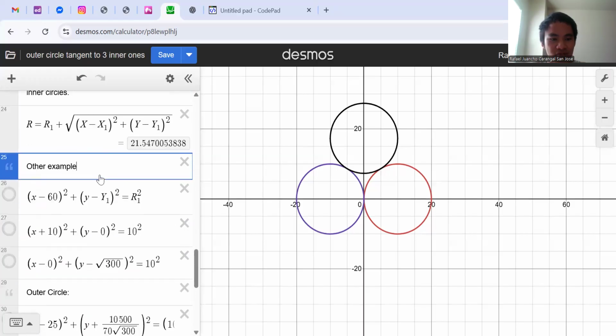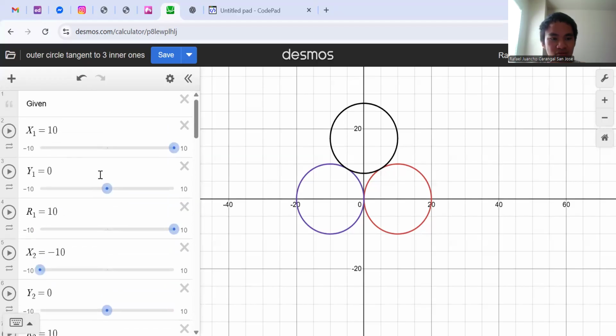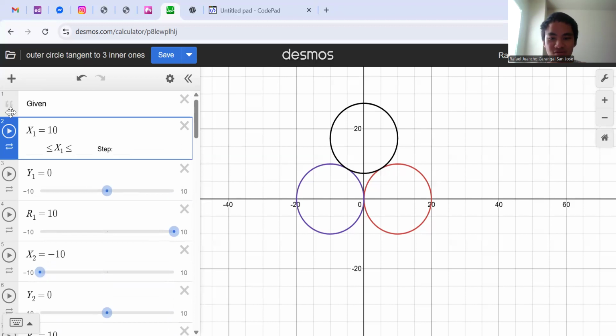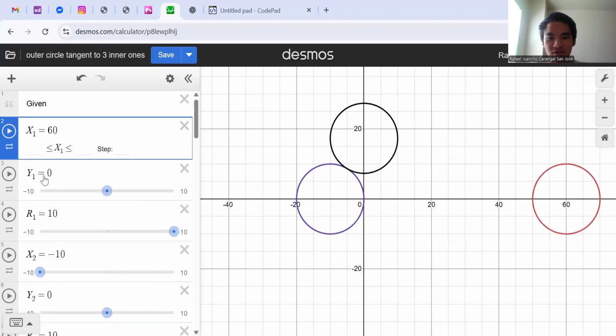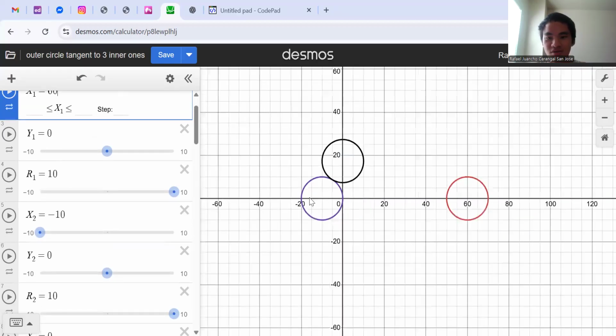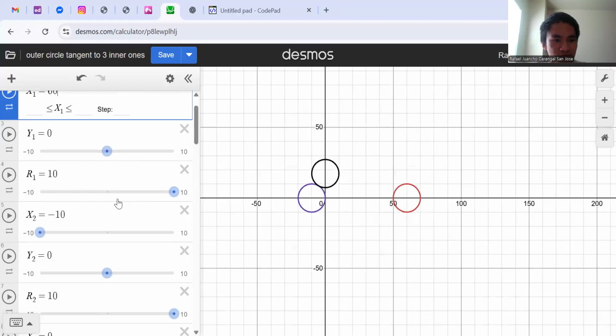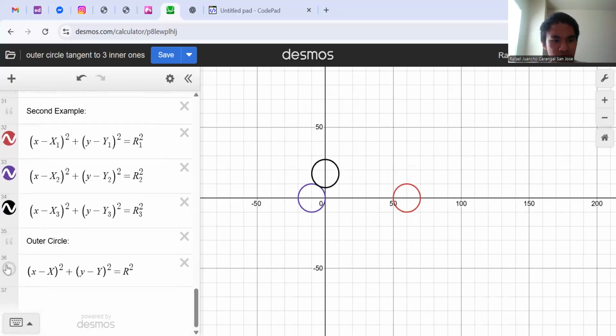Wait, I'm actually curious though. Because I just changed one of them, right? Let's do this. I get that, right? But I don't have my outer circle.